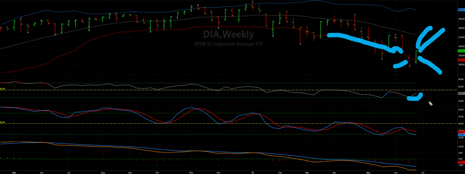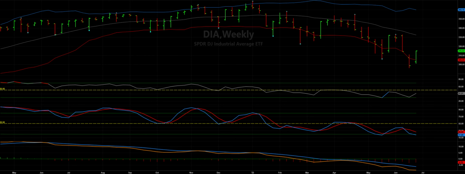It's at 41.21. But to complete the signal week, we also needed the stochastic, the blue line, to cross above the red and get back above the 20 level. It didn't do that. So the signal week is not complete.